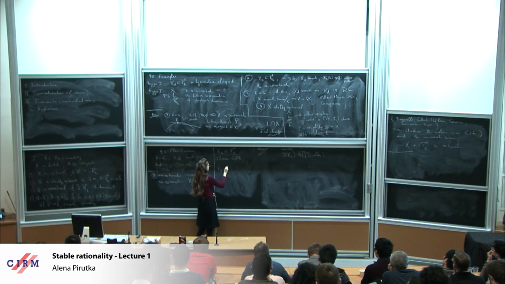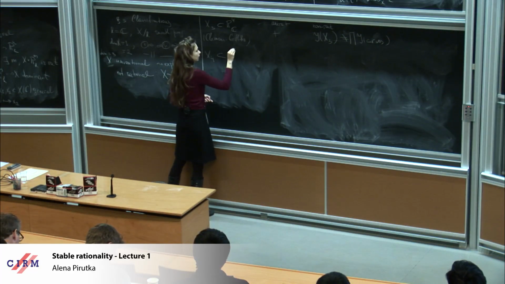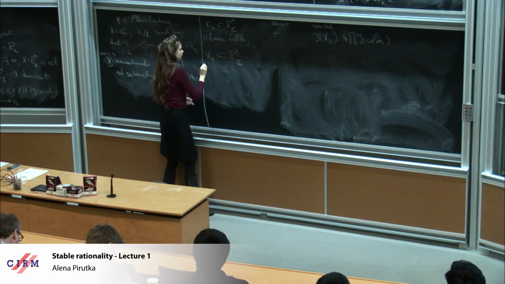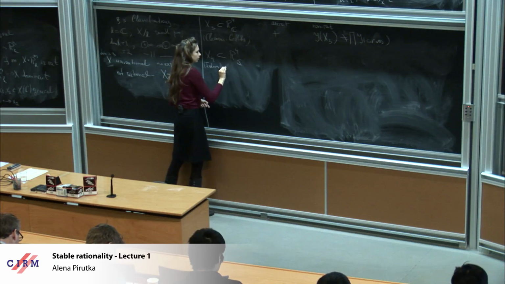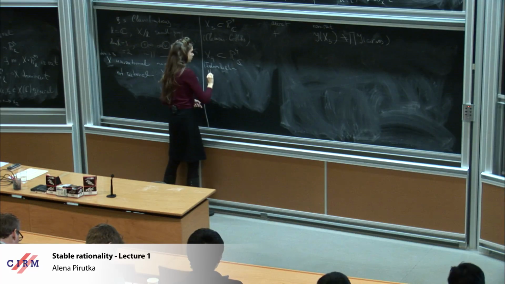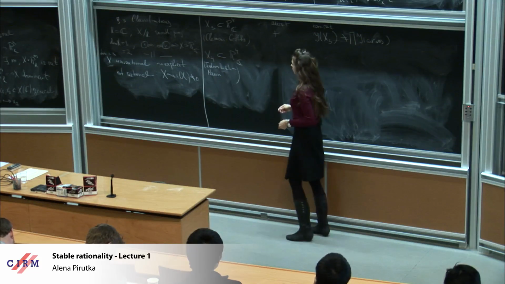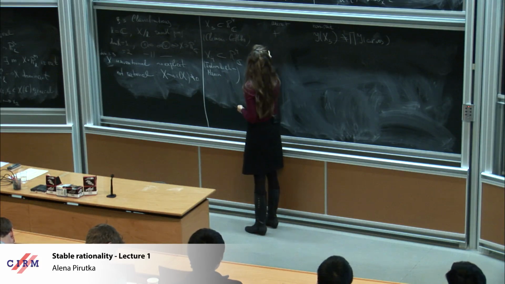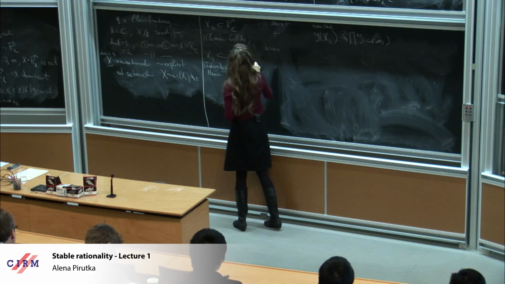Also for quartics, an example of Iskovskikh and Manin. So first, unirationality. It's known that some are unirational. So let me give you one example.